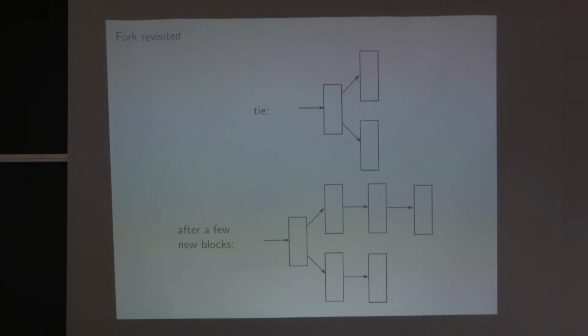But the way it works in the real world is that it is so difficult to create a new block that the time it takes to create a new block is much longer than the time it takes to actually distribute one.